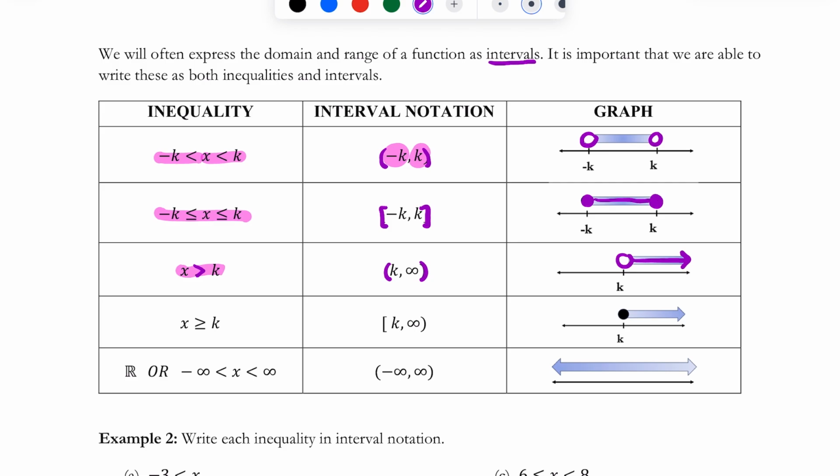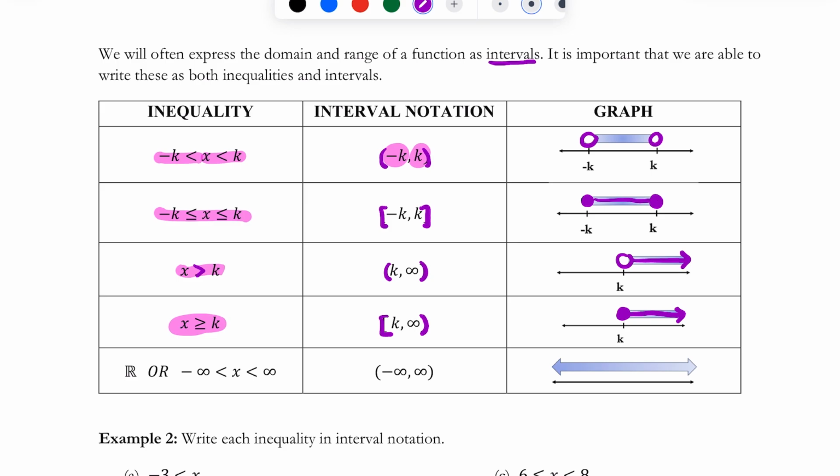Speaking of, if I go to the next one, I have x that is greater than or equal to k. So again, I am greater than, so I'm going to put a bracket because I'm also equal to, but then I'm going off to infinity, so that's going to be a parenthesis. That gives me that closed dot, and then I'm greater than, so I'm more positive, meaning I'm going to go all the way to the right.